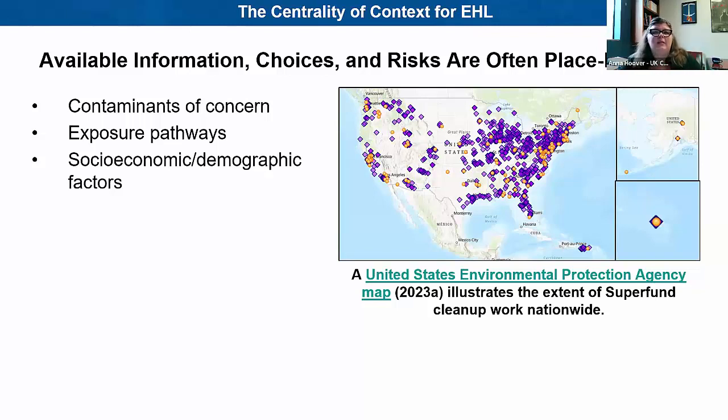Why would people need to know about medical waste at the site that's just polychlorinated biphenyls? Why would we spend time concerning people about technetium-99 if they were only dealing with polychlorinated biphenyls? You have to tailor your EHL work to the contaminants of concern in the community.